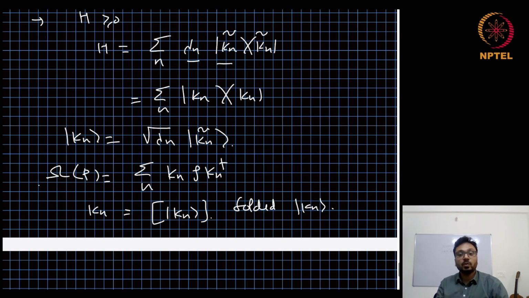It means we convert a vector into a matrix, and that's how we get the Kraus operator Kn. This is one choice of Kraus operator, and in some sense it's a canonical choice because it is achieved from the spectral decomposition of the H matrix.